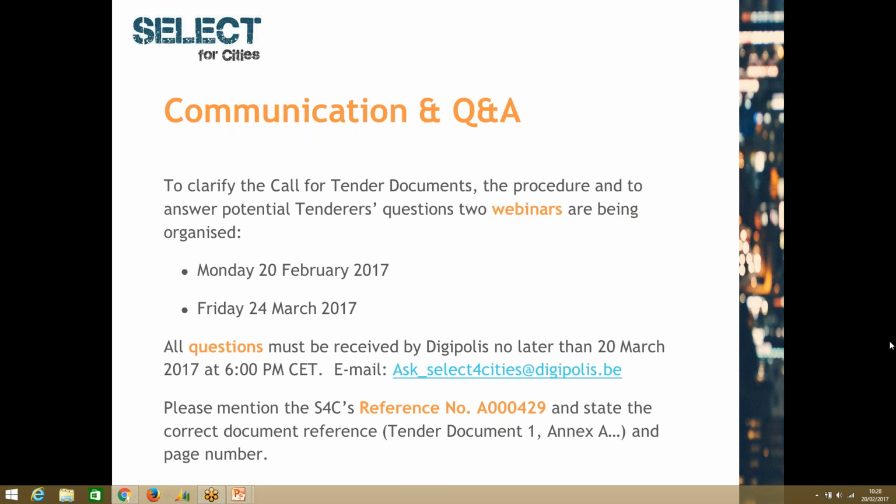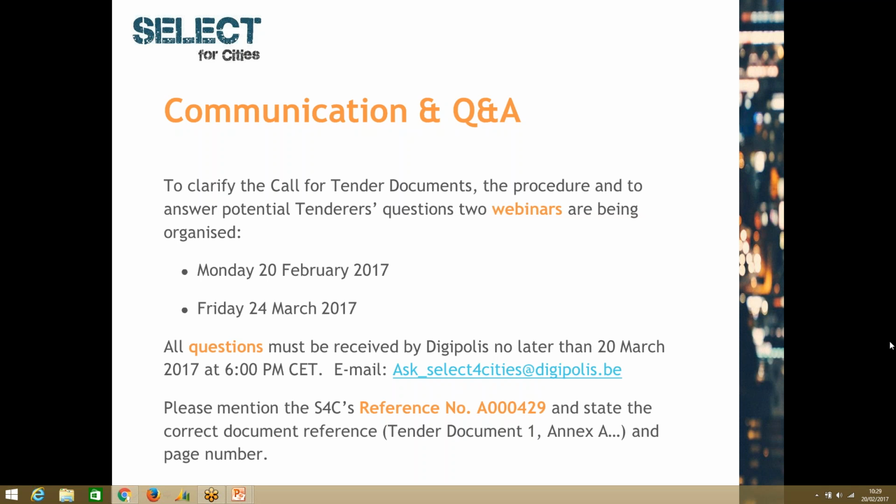So consortia or teams can change, but it's mentioned in the tender document. It has to be declared. It has to be in a written agreement. It's also stated in the tender document. It cannot change, of course, the nature of your consortium.